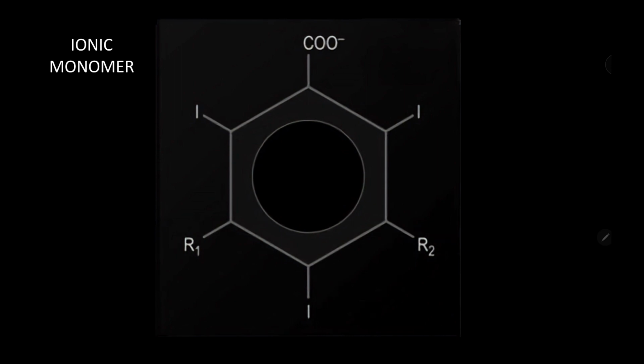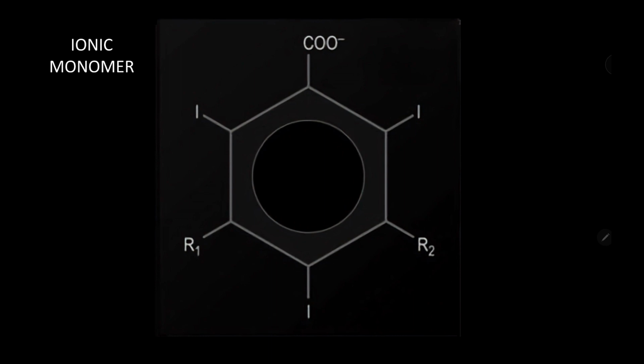Now, this is definitely problematic because the effect ratio for ionic monomer is 3 to 2. That is, the number of particles for every three iodine atoms is 2. Therefore, the number of particles we are getting is very high. Therefore, it increases the osmolality of the contrast media, so that it is highly hypertonic.